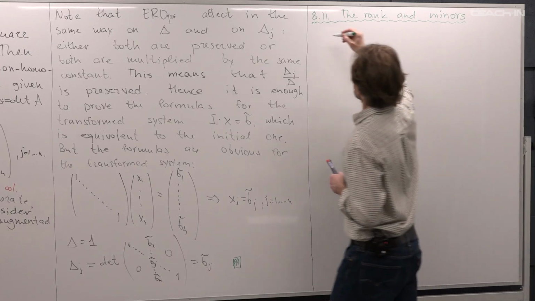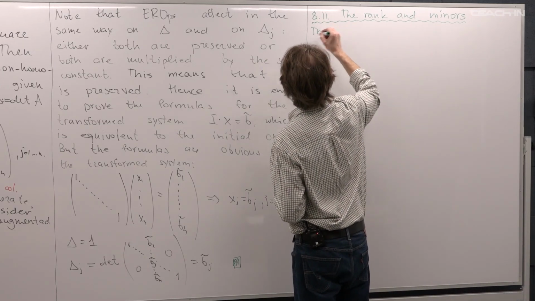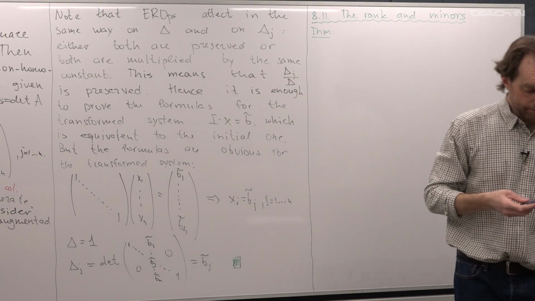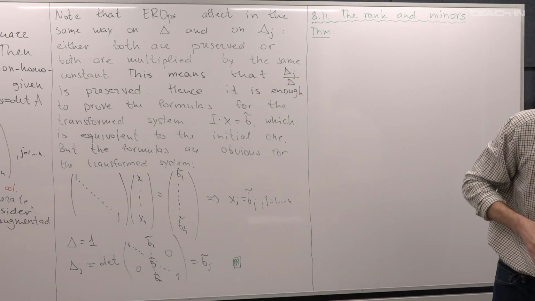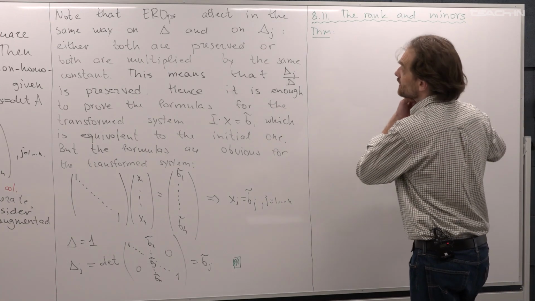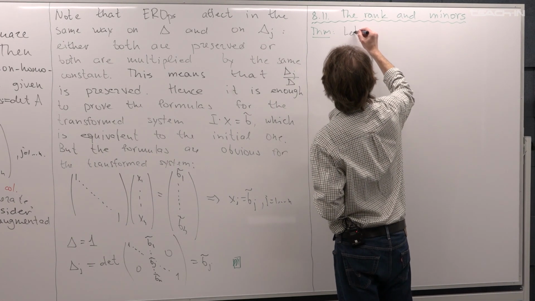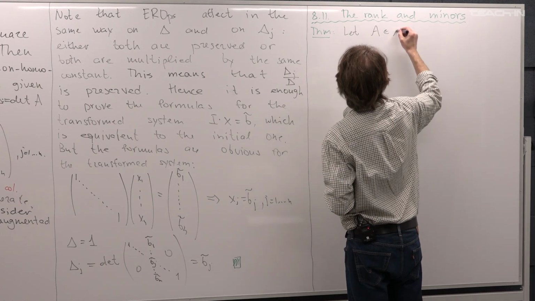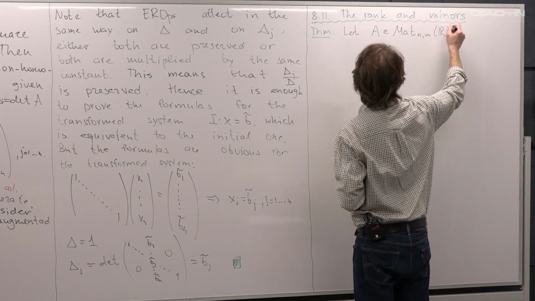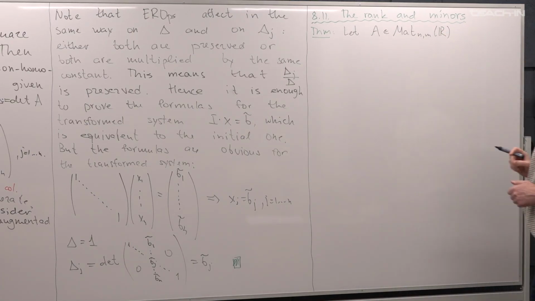Here we are also going to formulate and prove one theorem. So let A be a matrix with n rows and m columns. We do not require this matrix to be a square one.